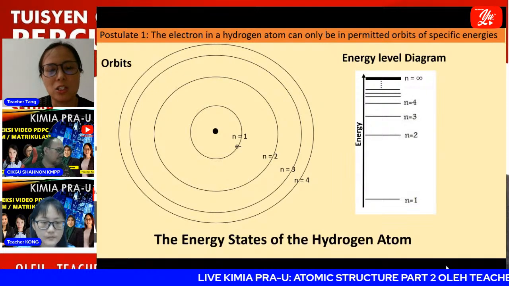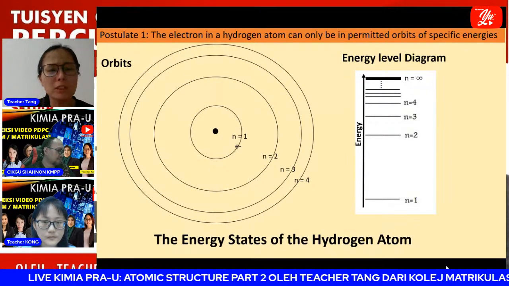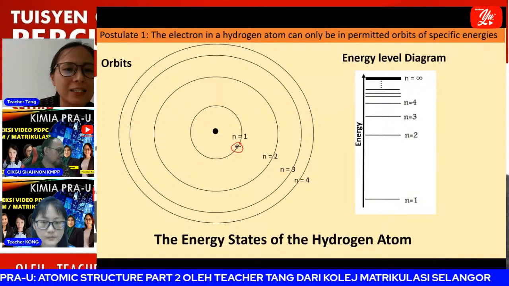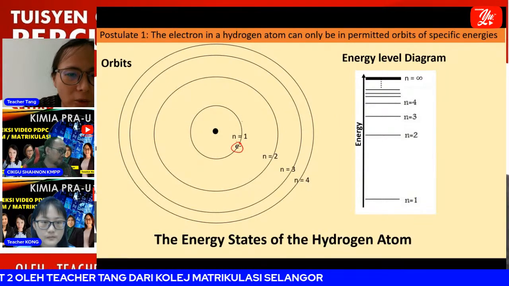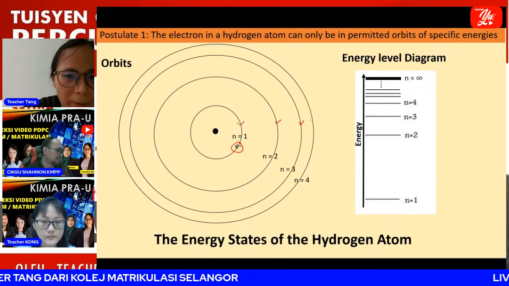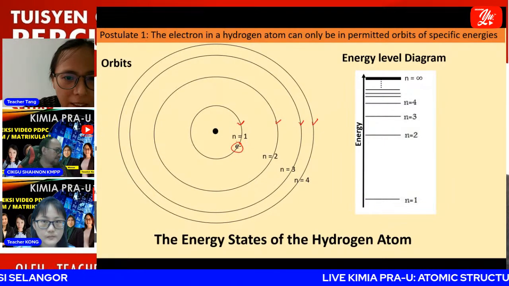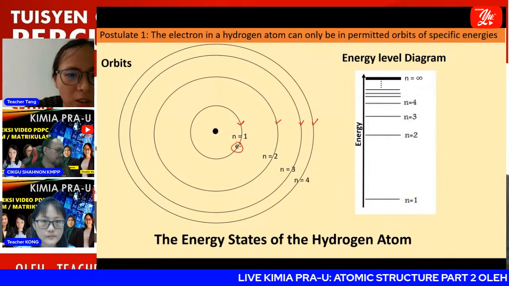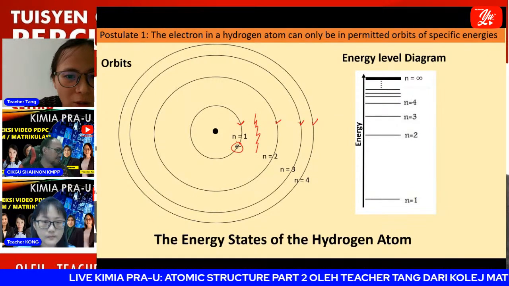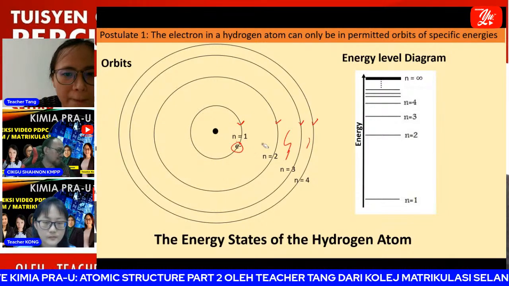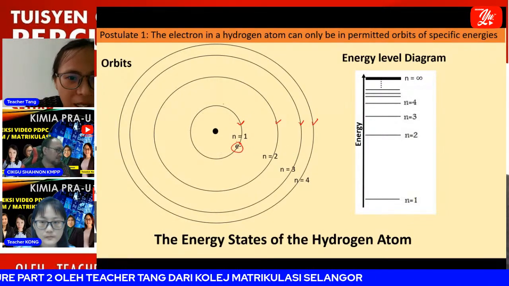So what does this mean? Basically, Bohr meant that the electron can only be in a specific orbit. These are orbits, so the electron can only be in this orbit, anywhere in this circular orbit, but it cannot be in between the orbits. It must be in this permitted orbit.